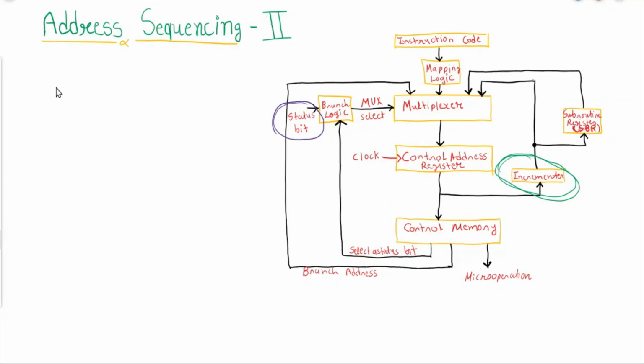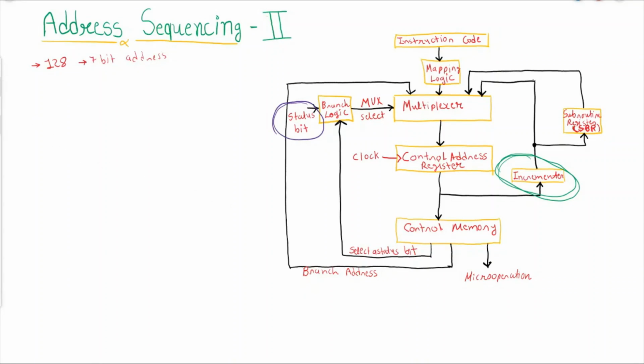Let us assume that the control unit has 128 different memory locations. 2 raised to 5 is 32, 2 raised to 6 is 64, 2 raised to 7 is 128. So 7 bits will be required to specify any address in the control memory.